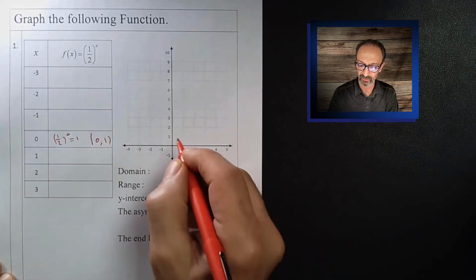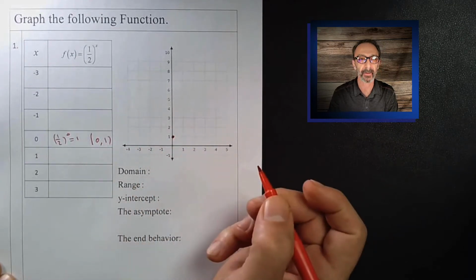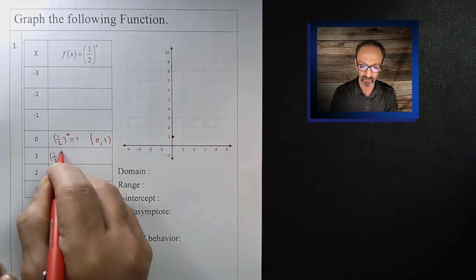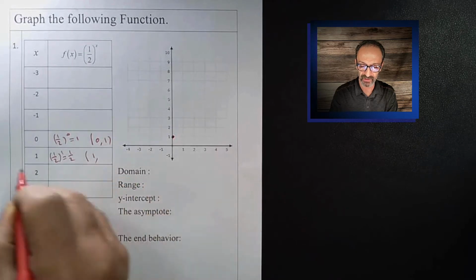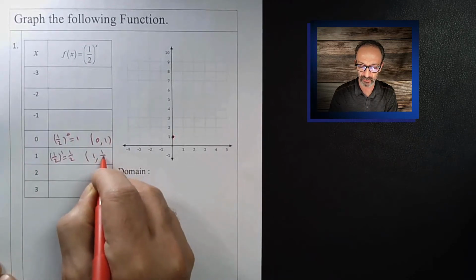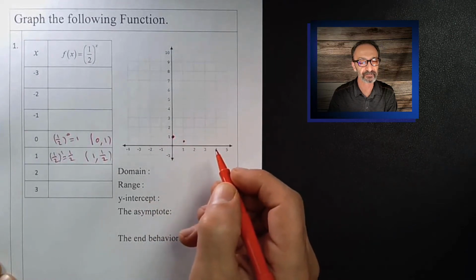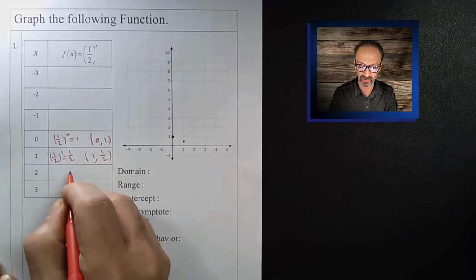Before we forget and continue, let's mark this right here. Let's go to 1. 1/2 to the power 1 is just half. So the ordered pair is 1 as an input, half as an output. 1 will take me to half. 2, that's half to the second, which is 1/4.